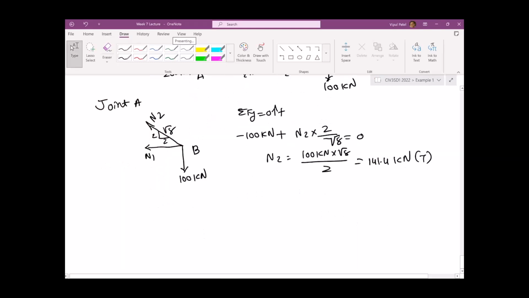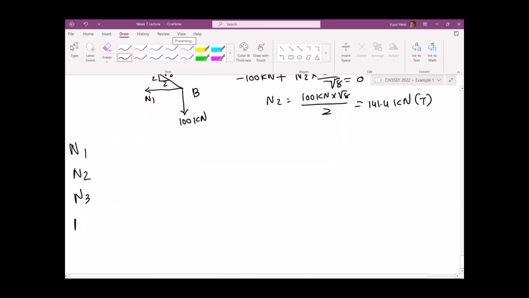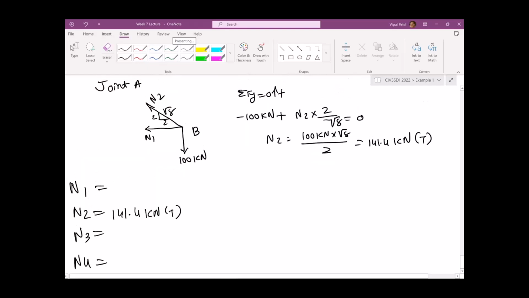So let me put a list somewhere: N1, N2, N3, and N4. N2 we found, 141.4 kilonewtons tension. Now sum of the forces in the x direction, left to right is positive, N1 going negative, and this N2 going negative as well, 2 over square root 8 equal to 0.